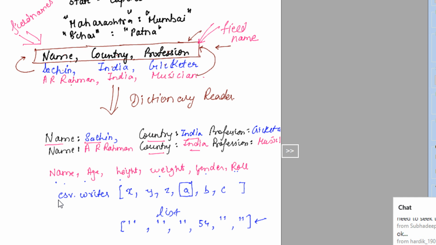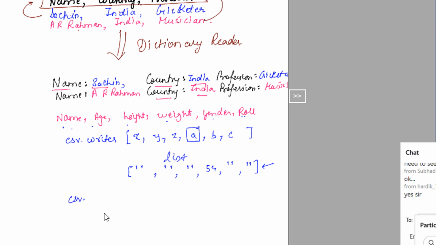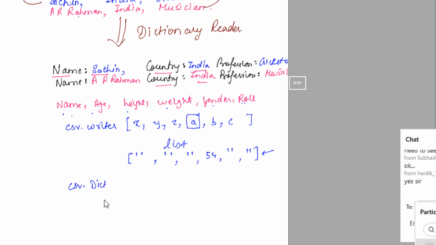But when you use dictionary writer, you can just use weight colon 54, something of this sort.